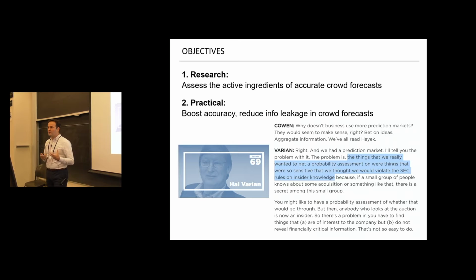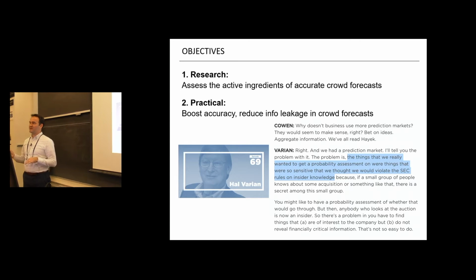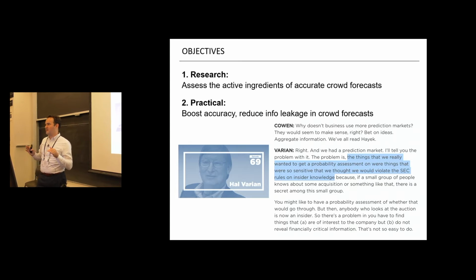Well, for a long time, Google was running a prediction market. And the chief economist of Google, Hal Varian, when asked by Tyler Cowen why they had to shut it down, said, well, the things that we really want probability assessments on are so sensitive that we thought we would violate the SEC rules on insider knowledge.